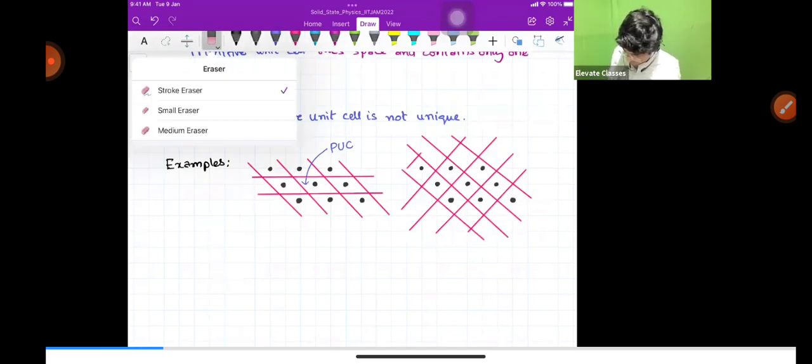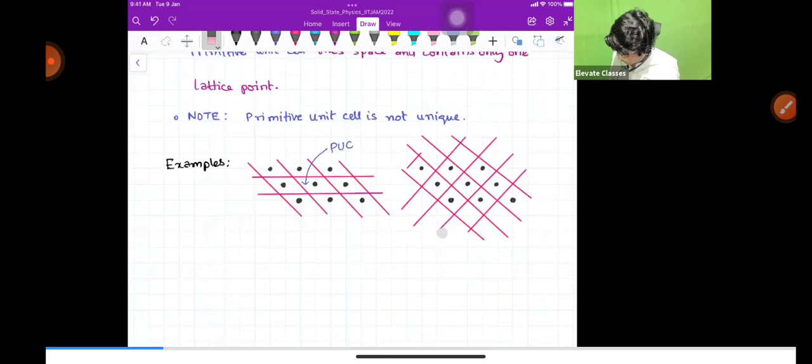So this is what you can have, all right? The other structure which we can have.